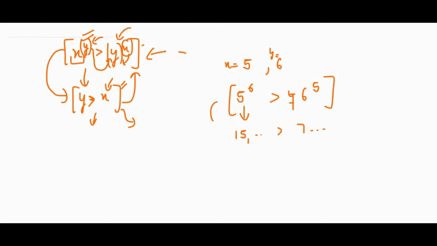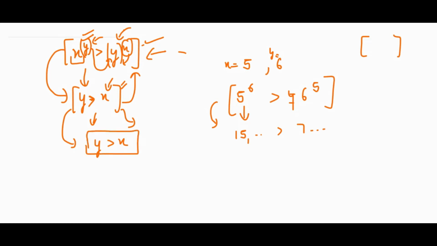You can take any example, leaving aside some exceptions, but this will be true for most of the values. We will see those exceptions later and handle them. But right now, what we have deduced is that to satisfy this condition, y should be greater than x.